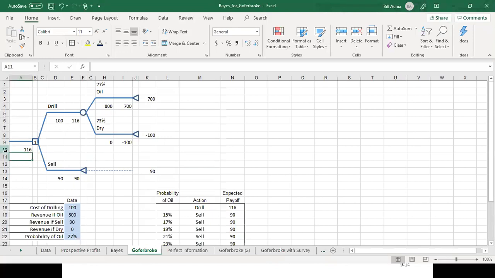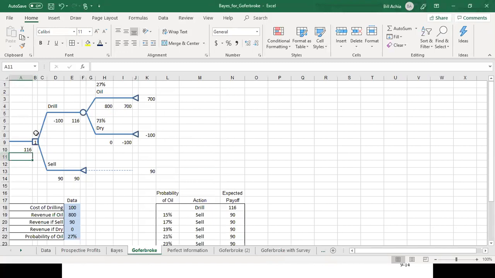If you look at a decision tree, you'll see a couple of shapes that accompany most decision trees. There'll be a square, there'll be a circle, there'll be a triangle. Each of those has a specific meaning, a specific purpose, okay? Let's start off with the square here.